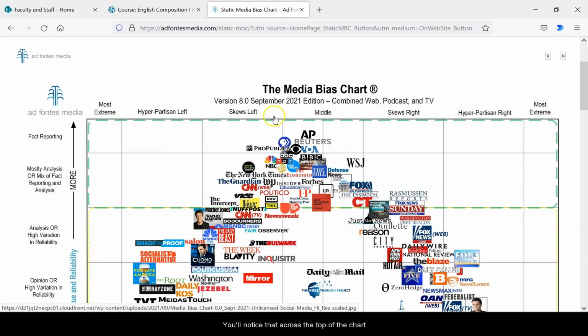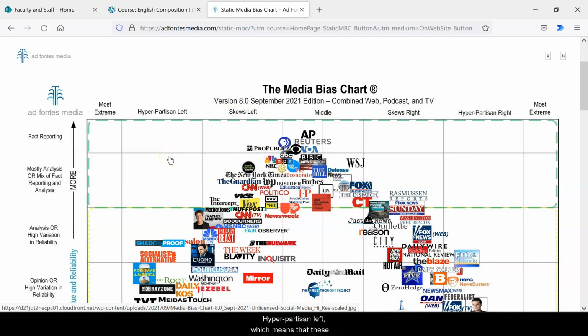You'll notice that across the top of the chart is a rating about which political bias a source might have. Right here is middle, and those sources are considered the least biased. Skews left, which means these sources tend to have a more liberal perspective.